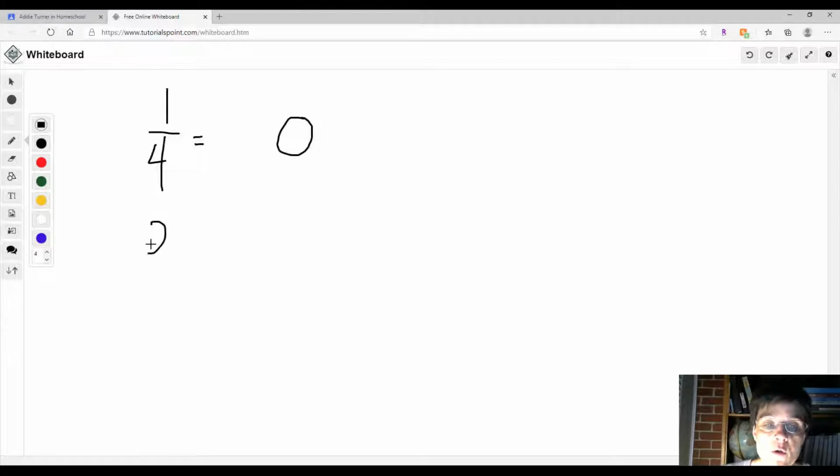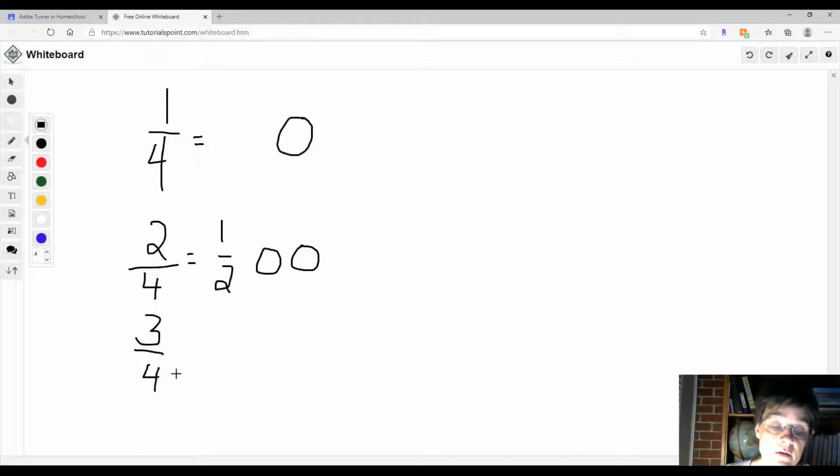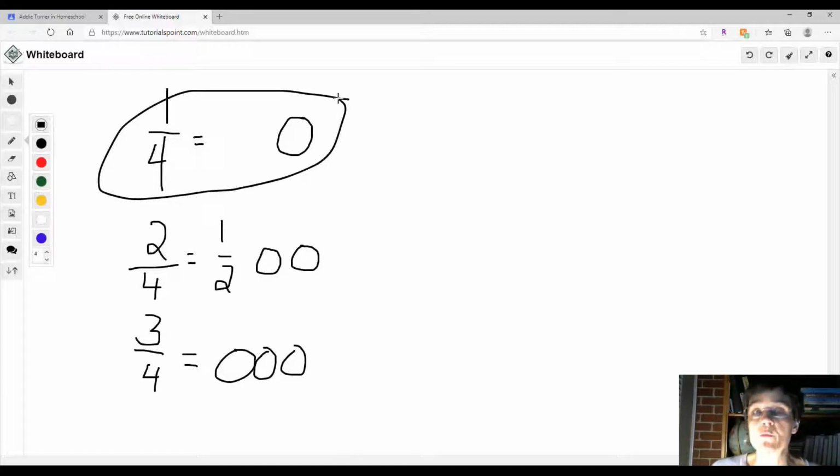Okay, 2/4, which is actually 1/2, right. Then 3/4. That's why sometimes when people say fill it up 1/4 of the way, that they're talking about 1/4. If they say fill it up halfway, of course that's easy.